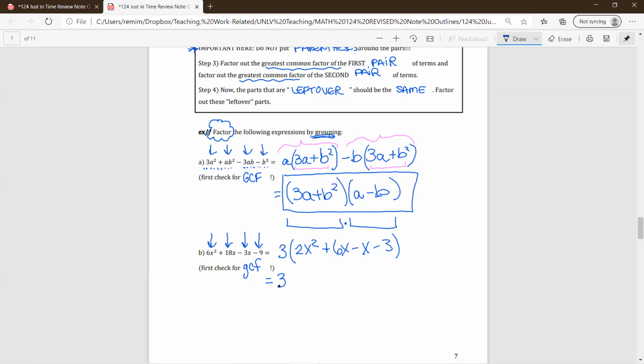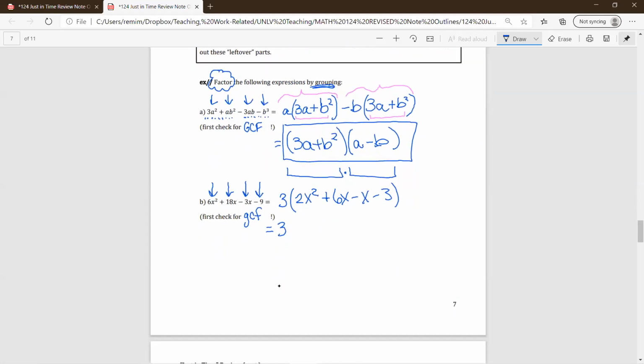You need to be full out with your work every single line as you move your way down the page. So don't leave anything out. So we're on step 2, and we're not going to worry about that 3 out in front. It's just going to hang out in front the entire rest of the problem, and we're going to work on the part that's inside the parentheses.